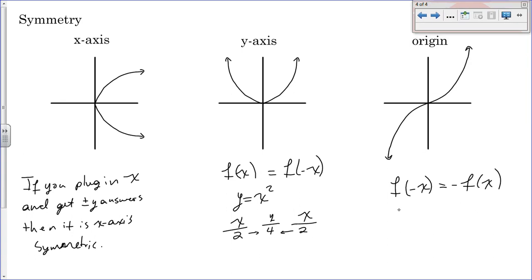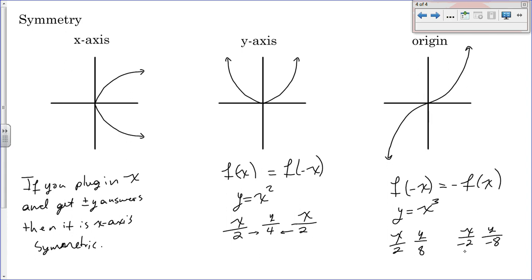For example, y equals x cubed. If you plug in 2, you're going to get 8. If you plug in -2, you are going to get -8. Since when we plugged in a negative x value, our y value was also negative.